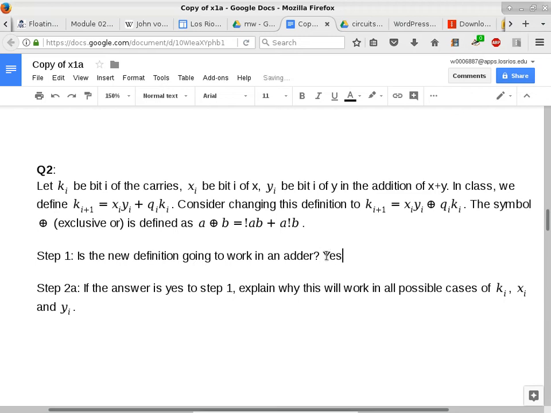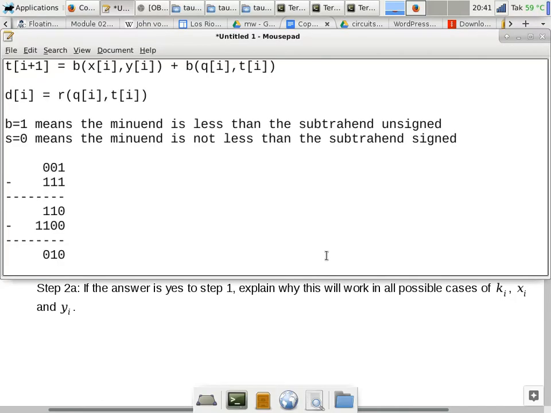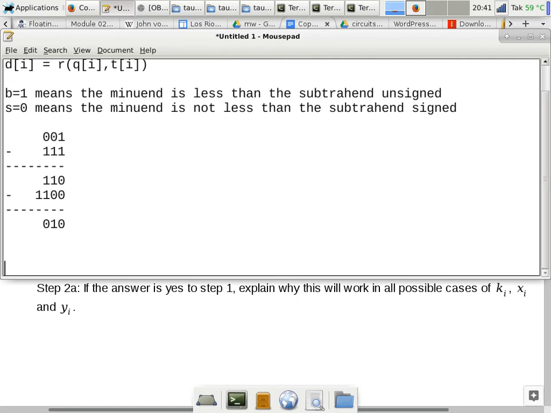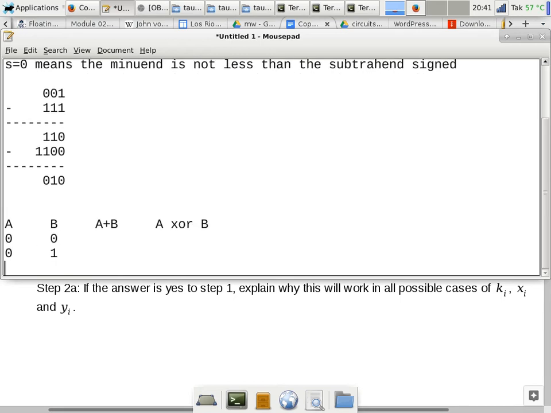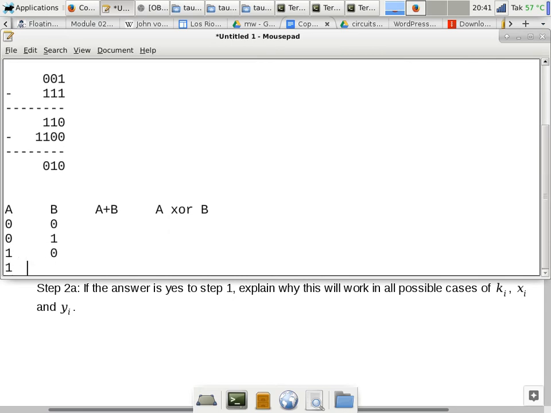Why is it yes? The first thing we need to do is to figure out what is the actual difference between an OR versus an exclusive OR. So we'll take a look at the truth table of those two. I'll use A and B. So we got A, we got B, and then we got A or B, and then A exclusive OR B. So we got 0, 0, 0, 1, 1, 0, and 1, 1.